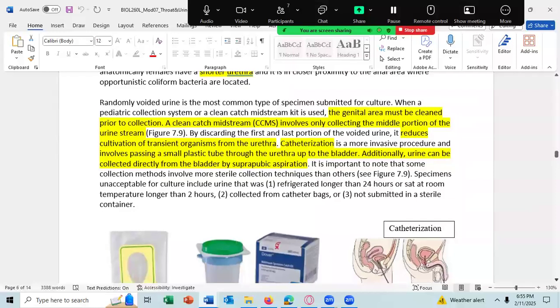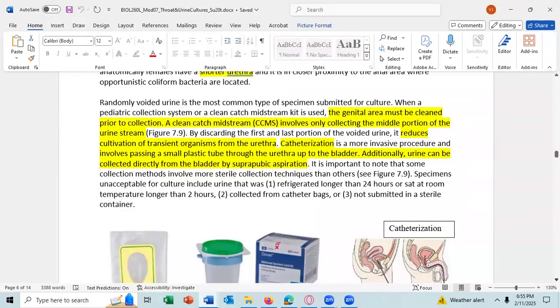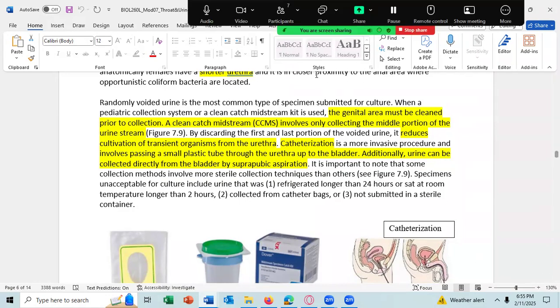All right. So to get a urine specimen, the patient or a doctor generally cleans the genital area prior to collection. And then we often use a clean catch midstream method for obtaining the urine. That's where the patient starts voiding where the genitals have already been cleaned, and they do not collect at the start of the urine stream.